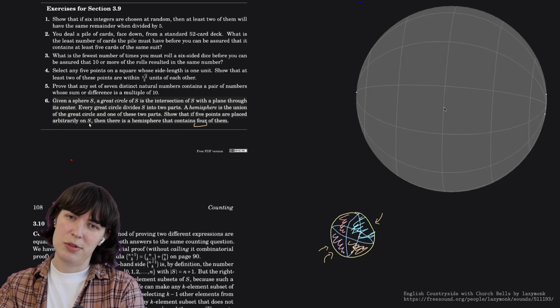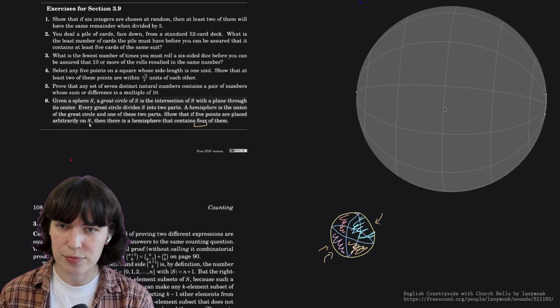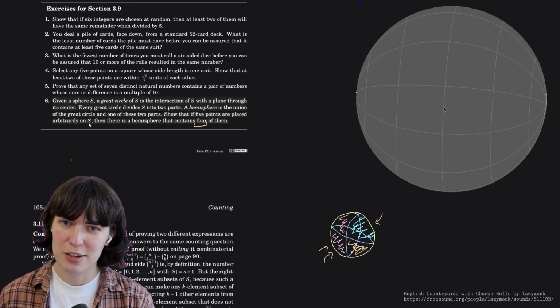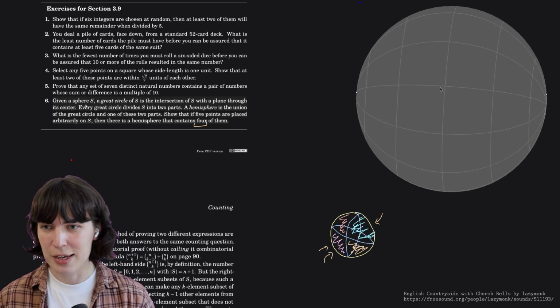So then, can we apply some similar logic? Is there a way we can split this into 2 hemispheres, each of which have 3 points? And indeed there is.